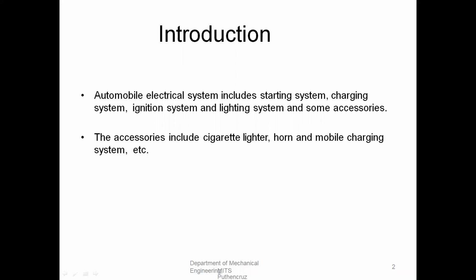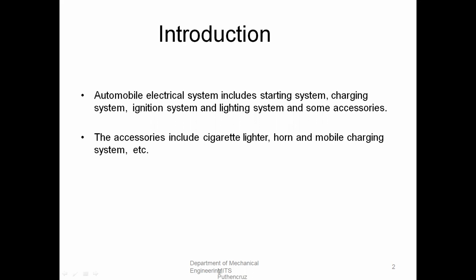Suppose I am taking one automobile car. In that car, there are lights, horn, charging socket, radio socket, and video. In some cars video facility is also available, and FM radio, and signal lights.